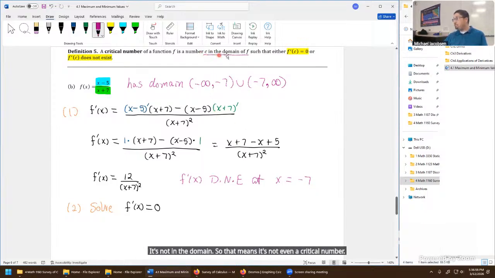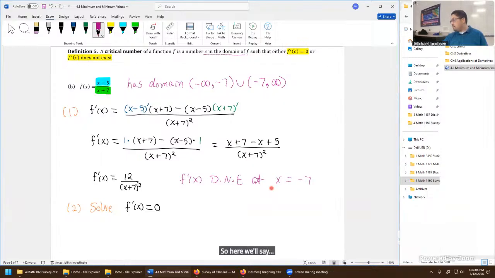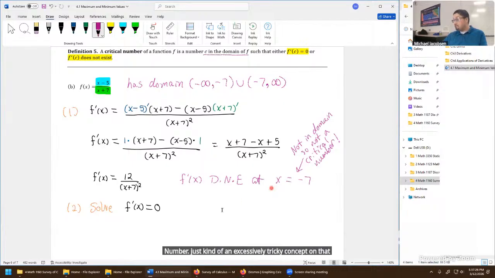So it's a tricky definition because there's a lot more moving parts than we can see usually on the first reading. So here we'll say not in domain, so it's not a critical number. Just kind of an excessively tricky concept on that one.